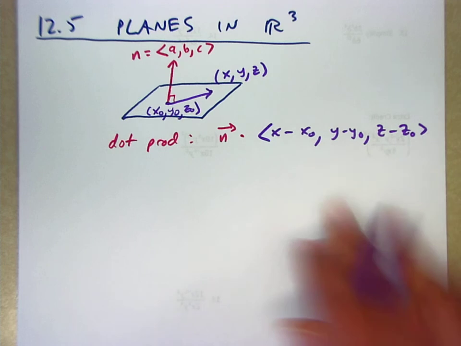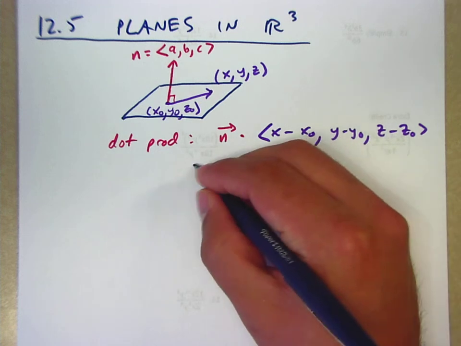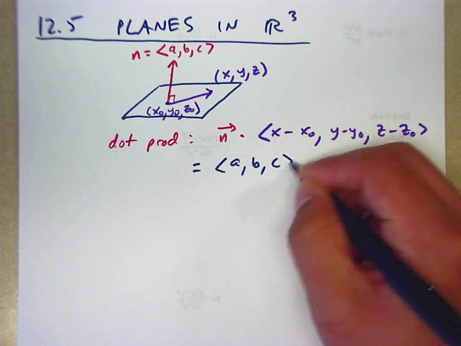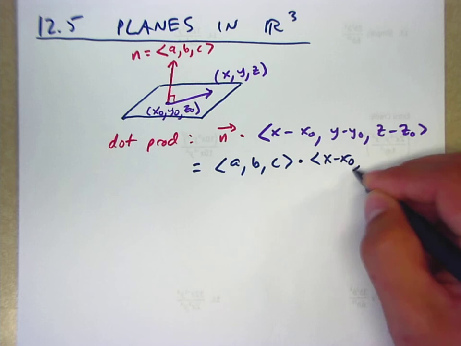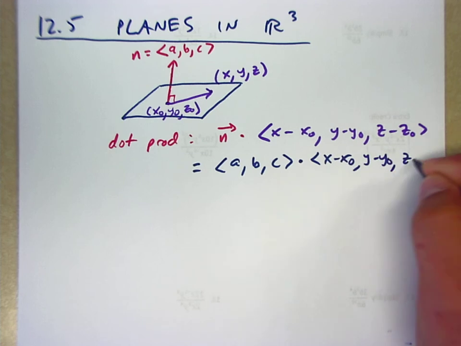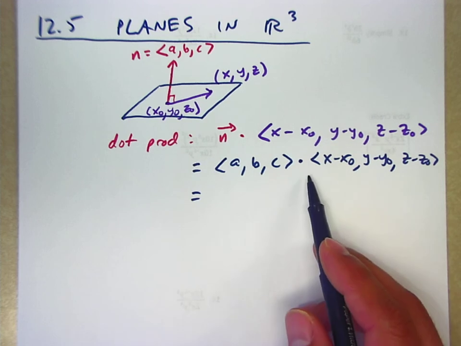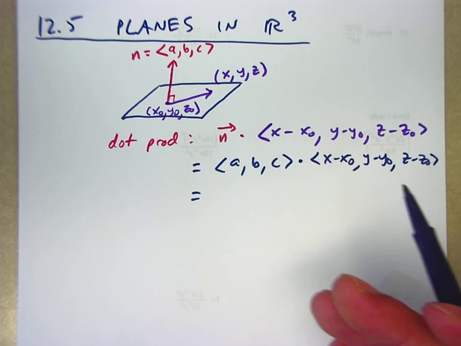So the purple vector dotted with the normal vector, A, B, C dotted with this purple one. Let me write that down again. We know that this dot product has to be 0, right? Because if the vectors are orthogonal, the dot product has to be 0.